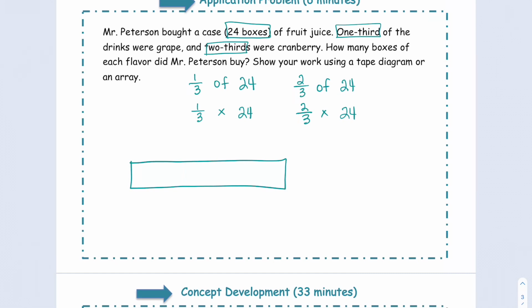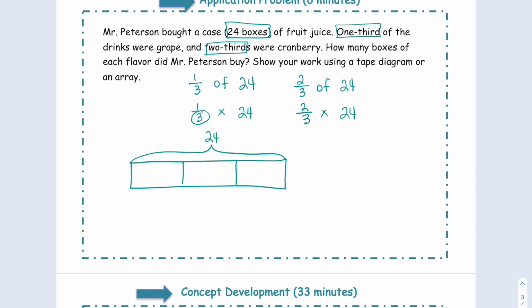And then I want you to think about thirds. If I'm going to divide this tape diagram into thirds, because that's my denominator, I'm going to need 3 equal parts. And then do I have a total? Yes, my total is 24 boxes.